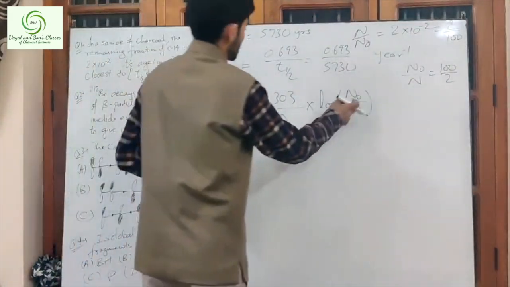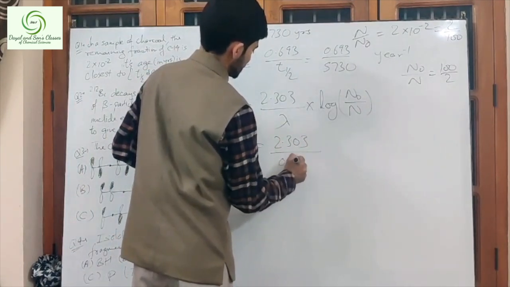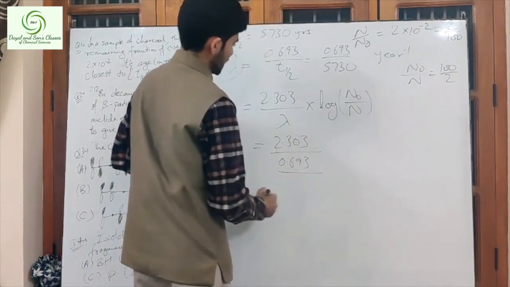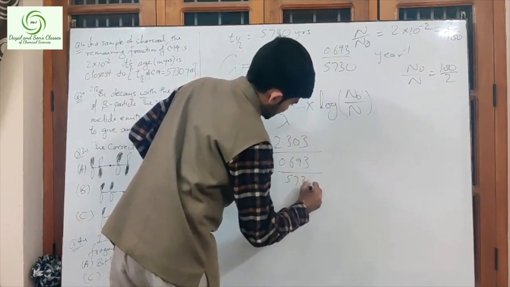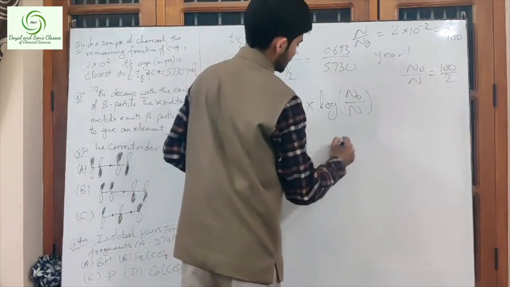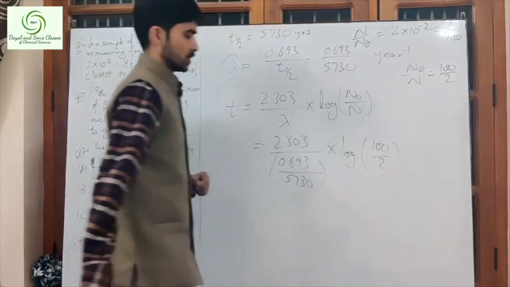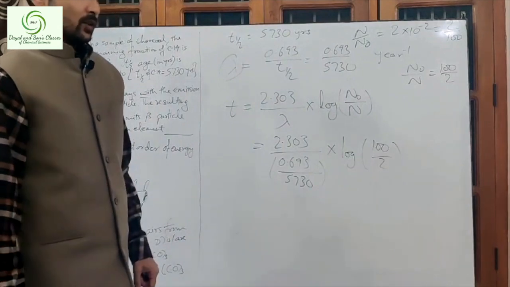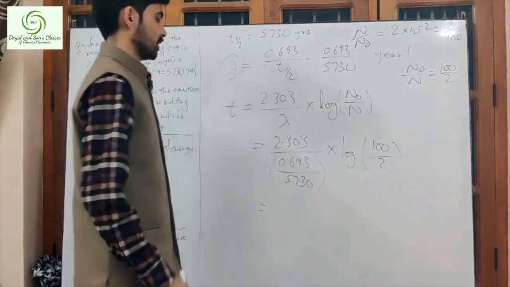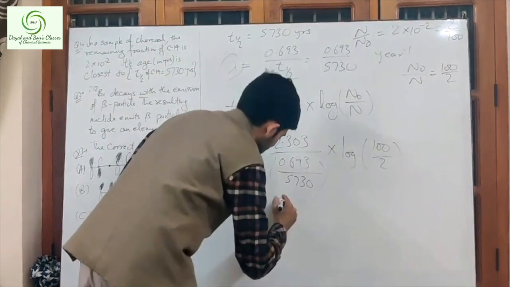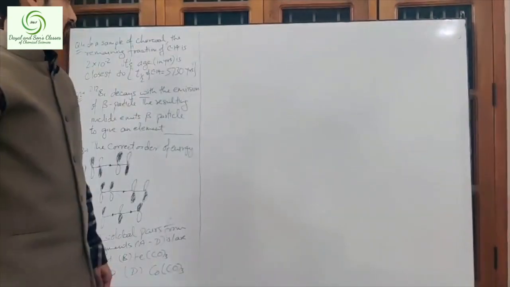So now we will replace the values: 2.303 upon 0.693 divided by 5730, this is the lambda, multiplied by log of 100 upon 2. Now let us solve this. We will get 2.303 into... Alright, let's move to the next question.